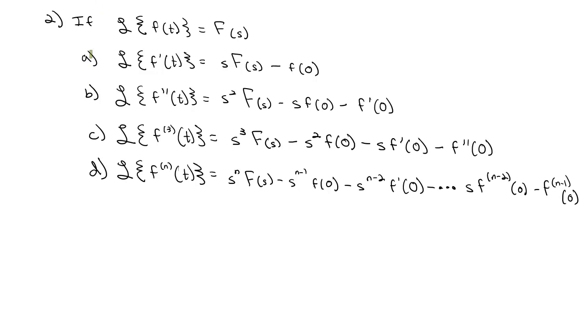Now, usually we're going to use just the first and the second one, so those especially you should be very familiar with. And after doing a couple of these, you'll get really good at just pulling those out.